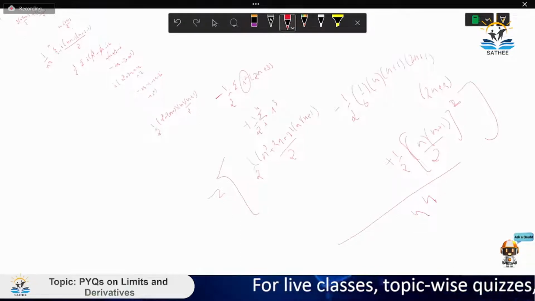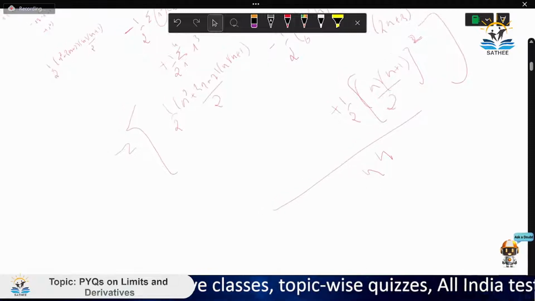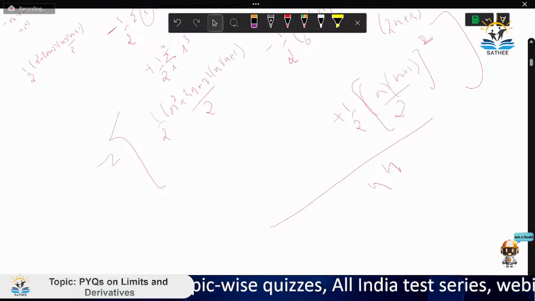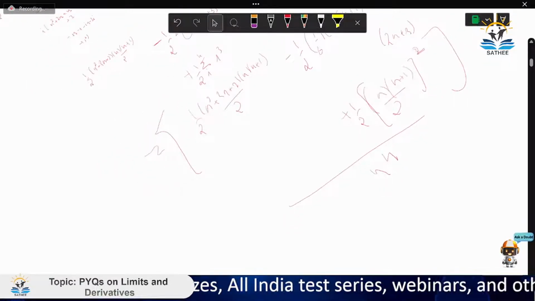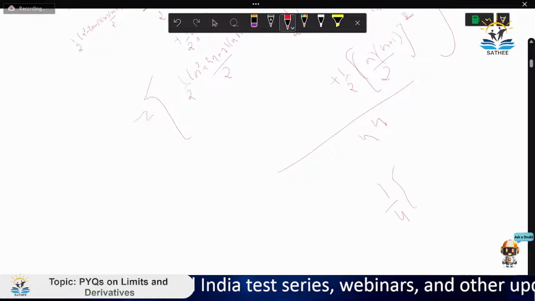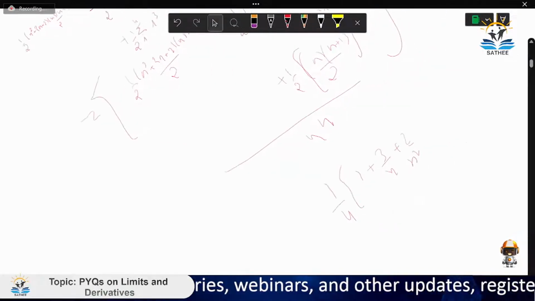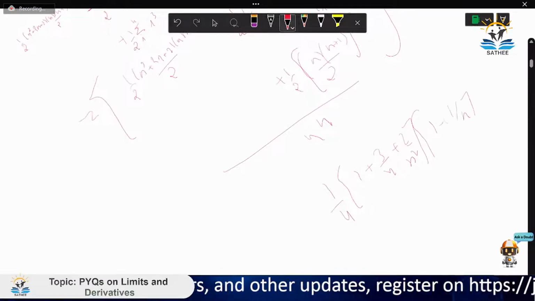So let us solve this. See, we have n to the power 4 terms everywhere, so let us divide and see what answer we get. So it is 1 plus 3 by n plus 2 by n square, and this is 1 plus 1 by n.